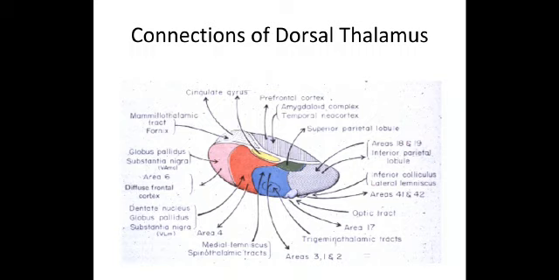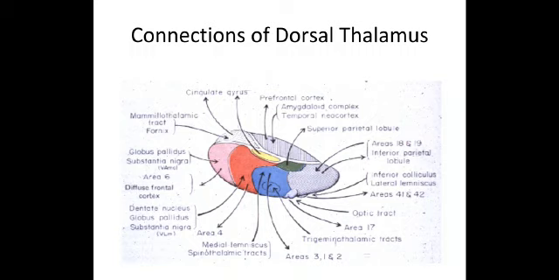The corticothalamic fibers from different areas of the cortex terminate in different nuclei of the thalamus. So it has different connections. The afferents are medial lemniscus, spinal lemniscus, trigeminal lemniscus, sensory visceral fibers of hypothalamus, cerebellar, then corticothalamic fibers.